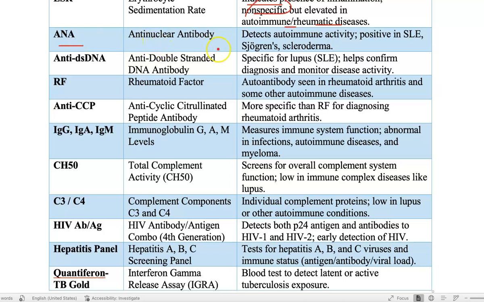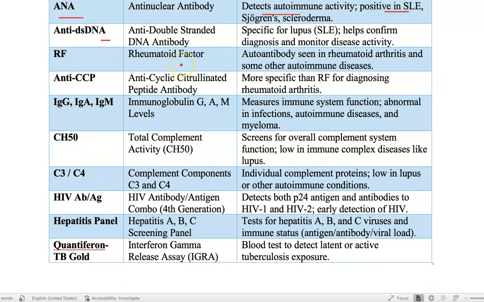ANA is called the anti-nuclear antibody. It generally detects autoimmune activity. Positive in SLE, Sjogren's, and scleroderma. What about the anti-dsDNA? Anti-double-stranded DNA antibody. What does it do? It is specific for lupus. It helps confirm diagnosis and monitor disease activity.